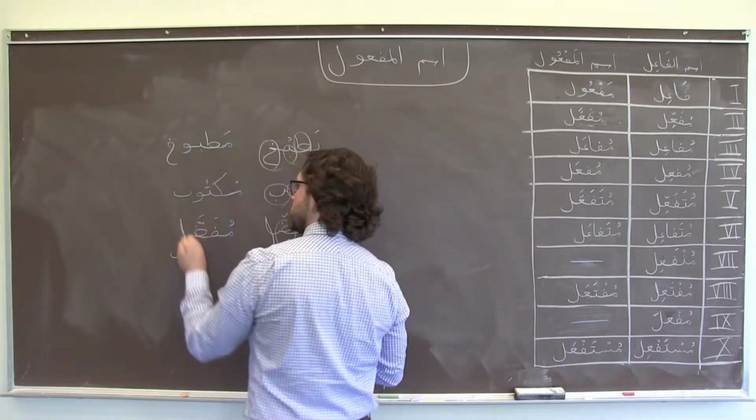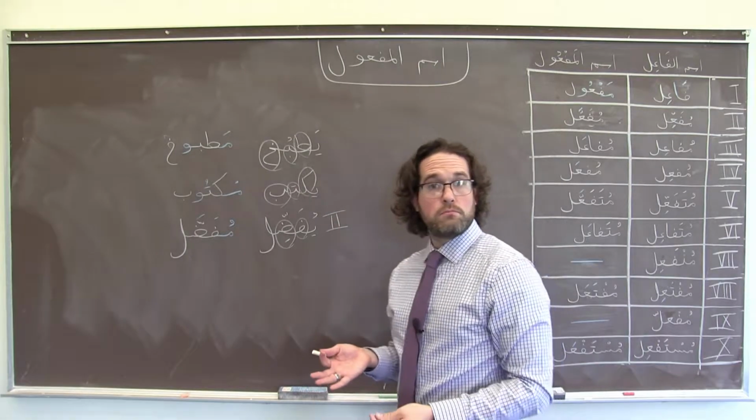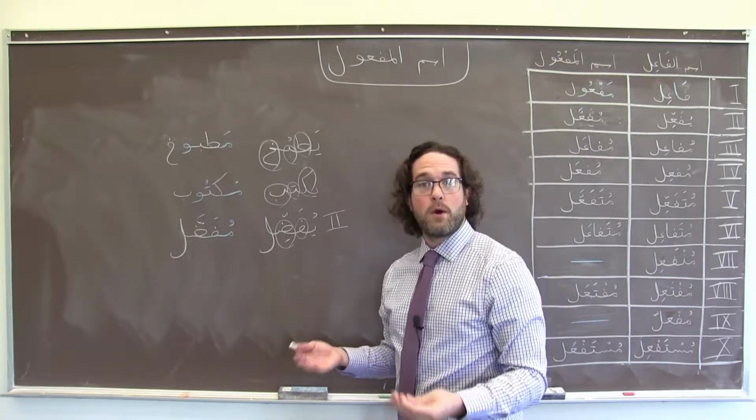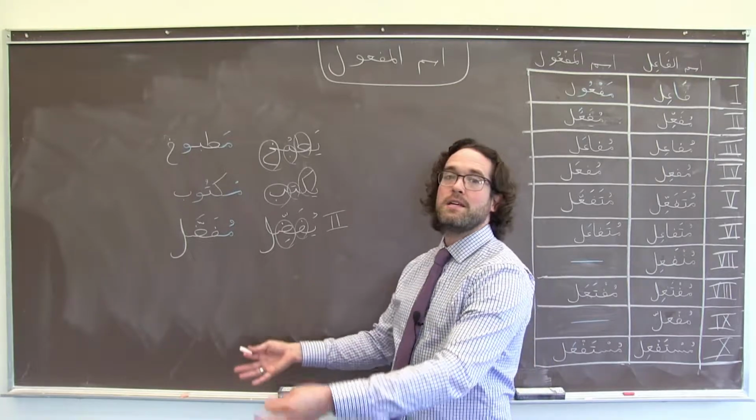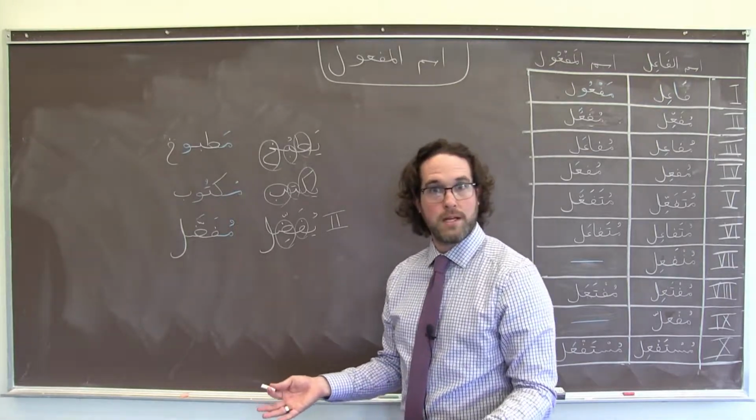Which you might recognize as a word you know. It means favorite. If I were talking about my favorite book or my favorite TV show, I could say kitabi al-mufaddal, my favorite book, etc.